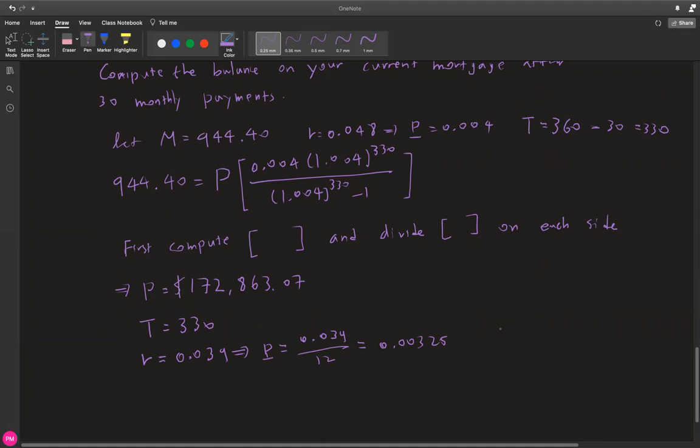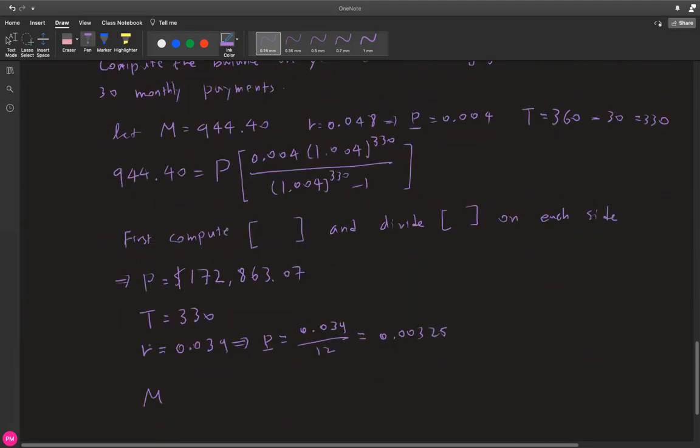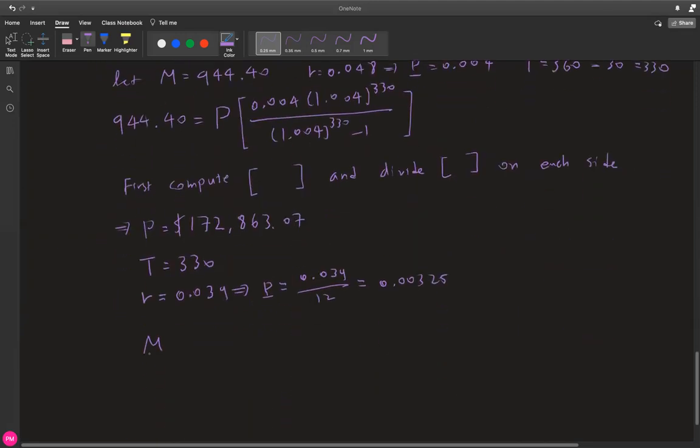So let's put this into calculation again. If you are trying to find the monthly payment now, and since we already used the word M up there for the initial monthly payment, let's say this is M prime, just to distinguish the two.